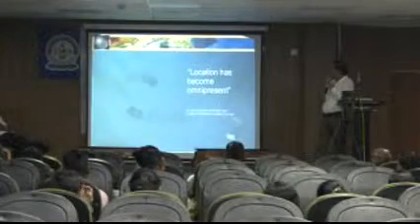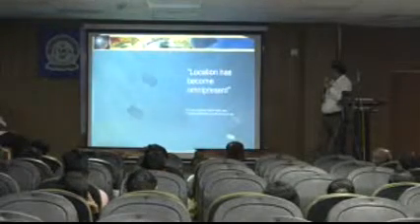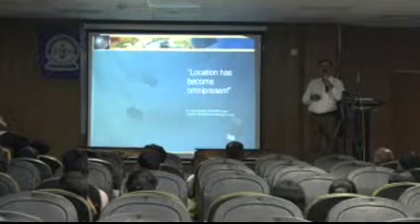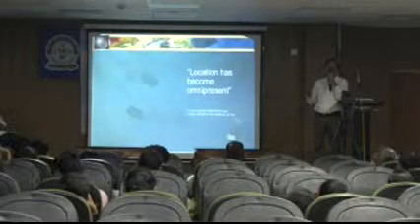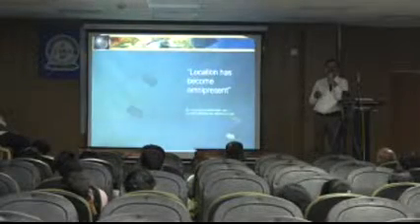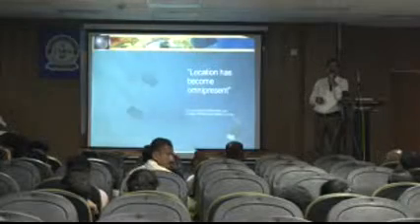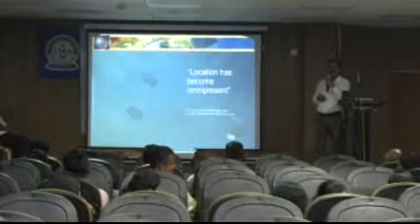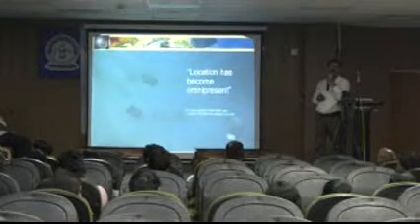So location has become omnipresent. So many social media tools use location whether we realize it or not. Many people upload videos, upload different types of data, and they know where exactly it is. Knowingly or unknowingly they use data. They create data. So map is not private, it is omnipresent, it is everywhere now.